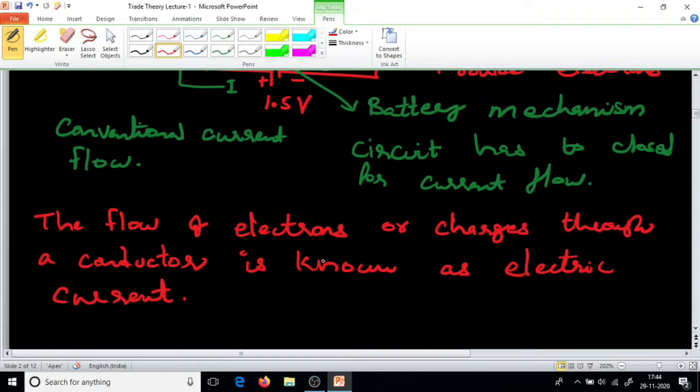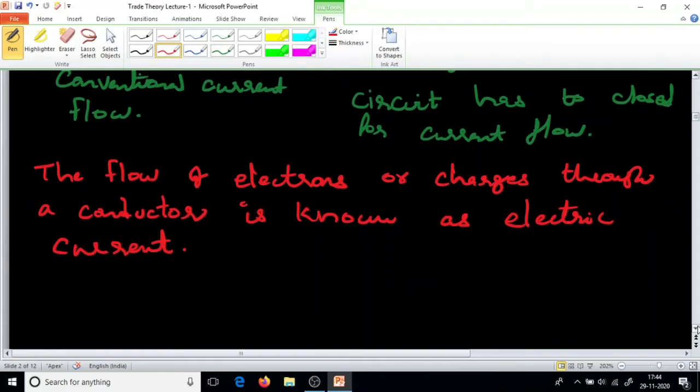Now there are two types of electric current. Whatever current we use at home is AC, alternating current.